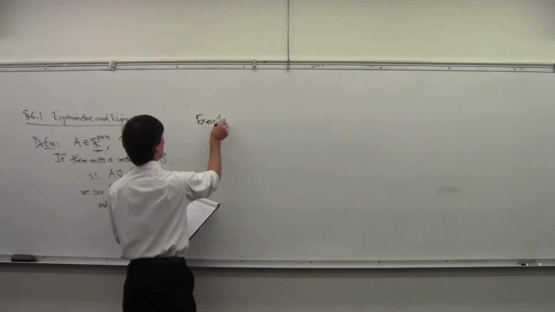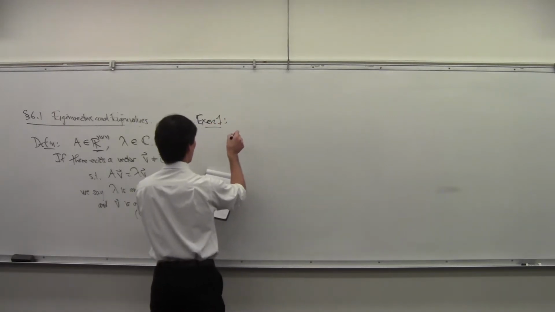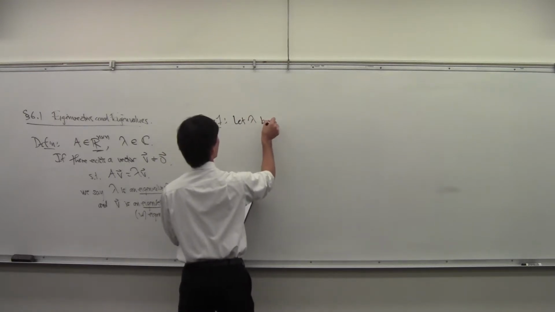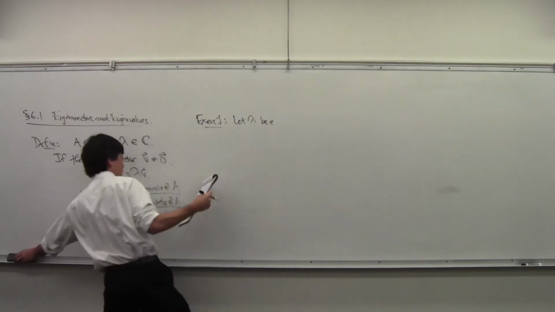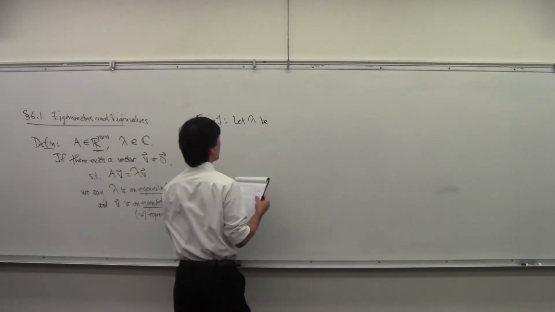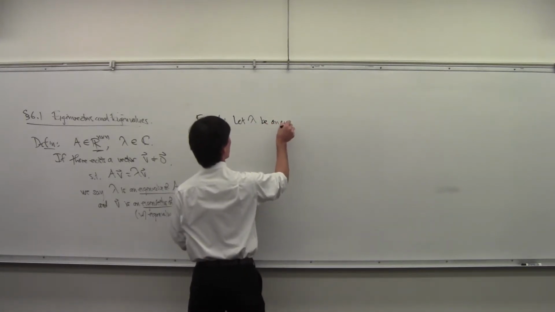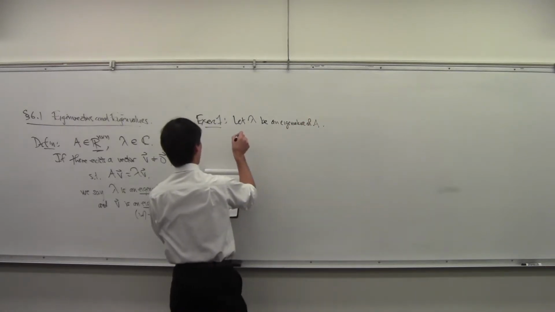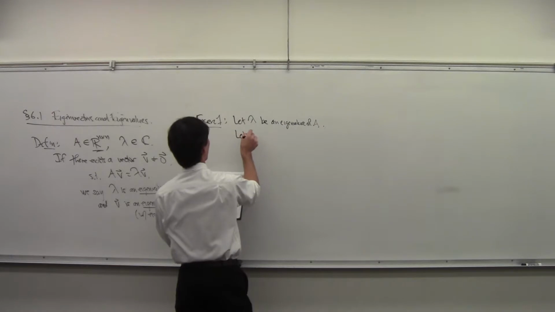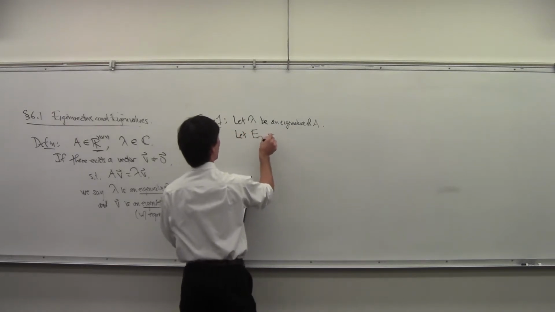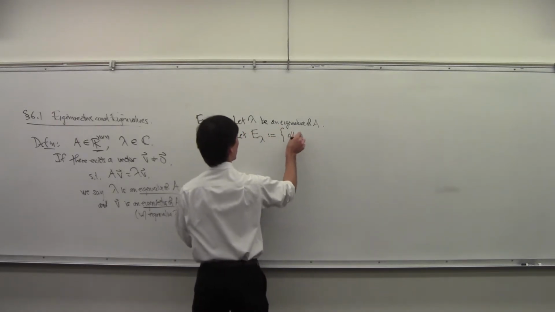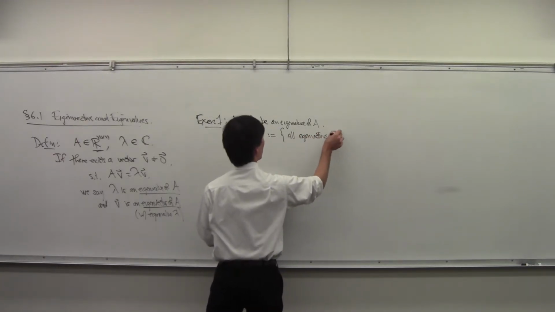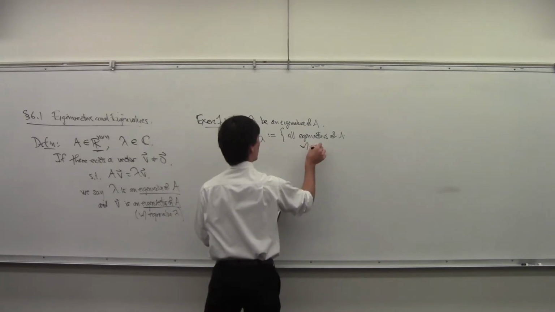Exercise 1. Let lambda be an eigenvalue of A, and let E sub lambda denote the set of all eigenvectors of A with eigenvalue lambda.